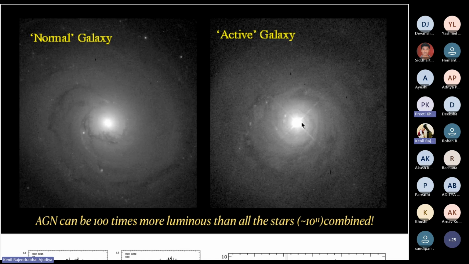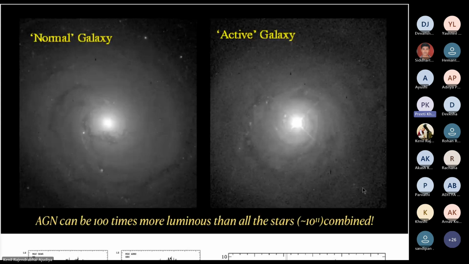The brightness of this point source can sometimes be so large that it completely outshines the light from the entire galaxy. The whole fuzz you see in gray is all the starlight from this galaxy, but the point source can be so bright that it overwhelms all that. A typical spiral galaxy has around 100 billion stars, so 10 to the 11 stars, but the luminosity of this point source can sometimes be 100 times larger.